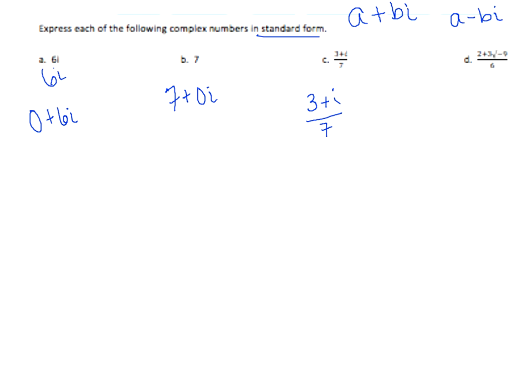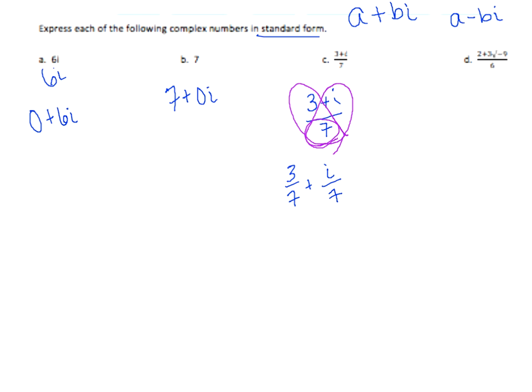What you're looking at here are basically 2 fractions that happen to have a common denominator. So you've got one of them here and one of them here. To split this up, the first thing you're going to do is give each term its own denominator. So 3/7 plus i over 7.